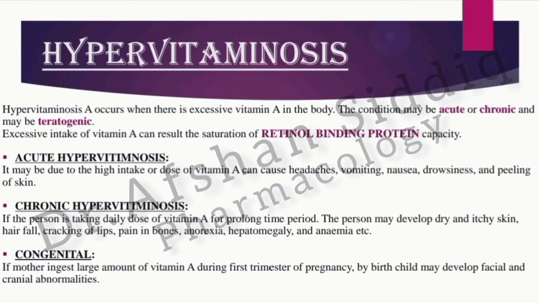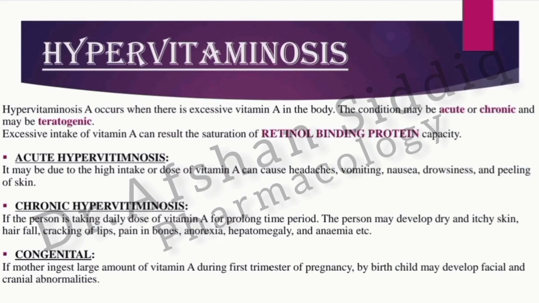Now come to hypervitaminosis. As deficiency affects your body in terms of different illnesses, similarly if we take an excessive amount of any vitamin, it may cause certain problems. In the case of vitamin A, if it is given excessively, the condition may be acute or chronic, and it may be teratogenic.